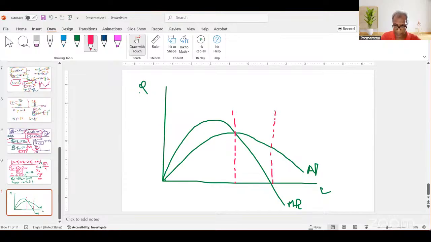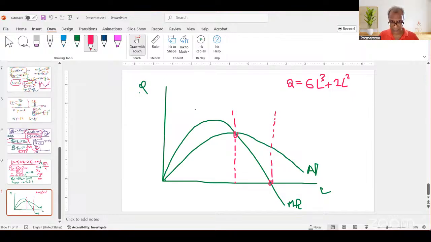Now with the help of differentiation, for instance, if you are given a production function, let's say 6L to the power 3 plus 2L to the power 2, with this equation you should be able to find the boundaries here and these 3 stages.